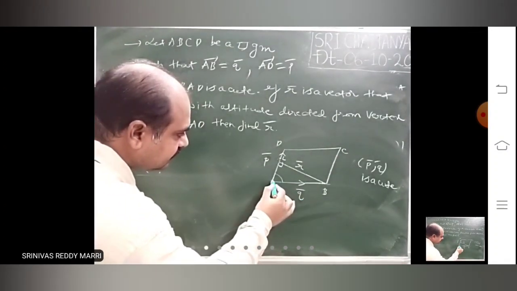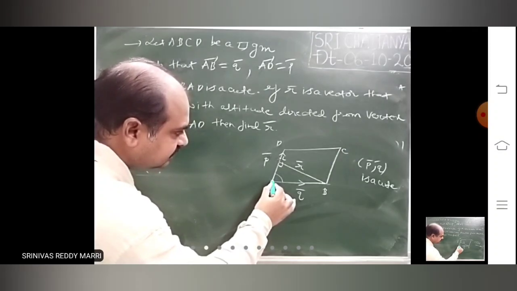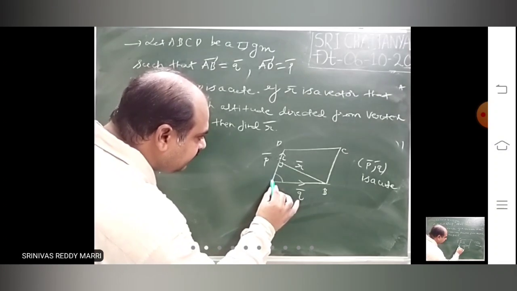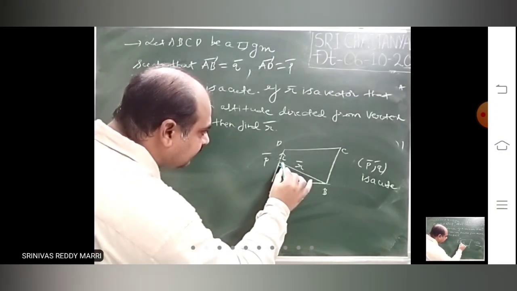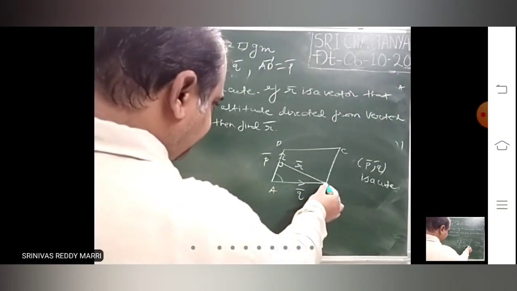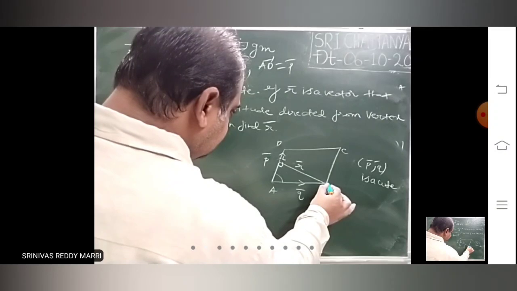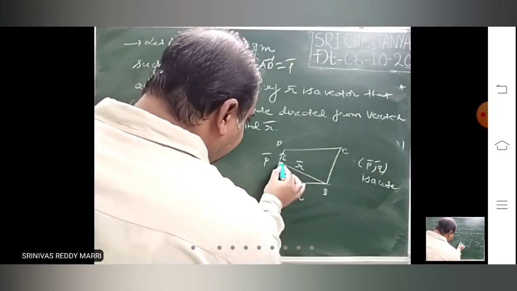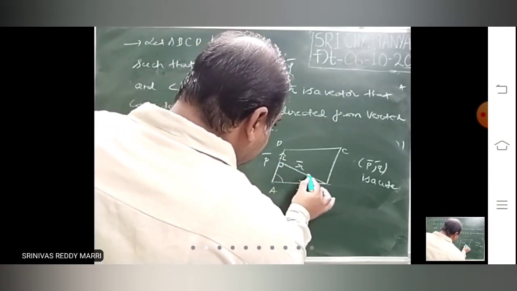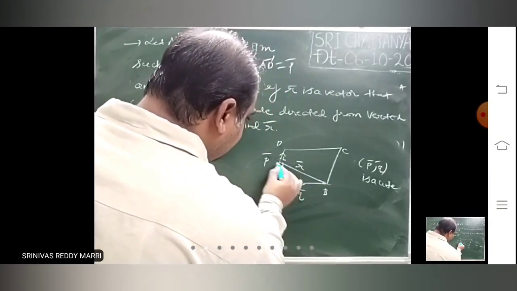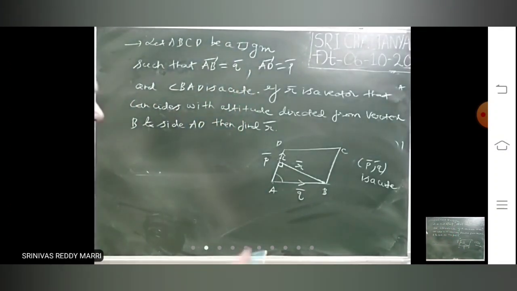This is the initial point of both Q bar and P bar. From B, the terminal point, I have drawn a perpendicular on P bar.